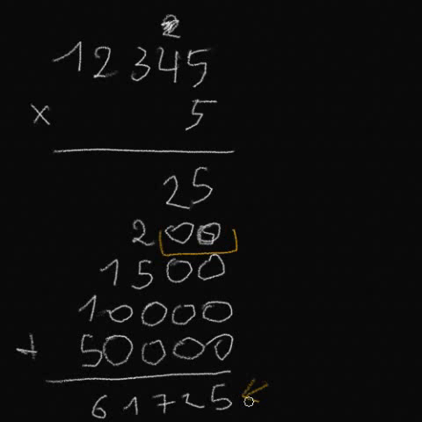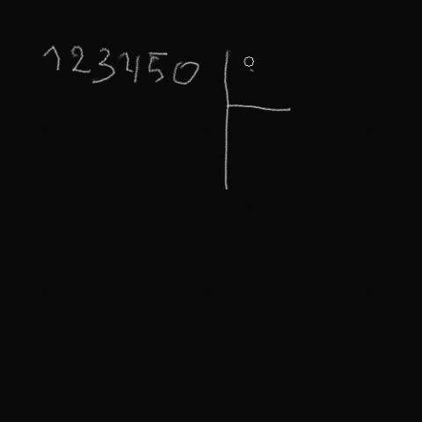Now the same problem seen by another student. 1, 2, 3, 4, 5. So we have to multiply it by 5. So it's like multiplication by 10, then division by 2.